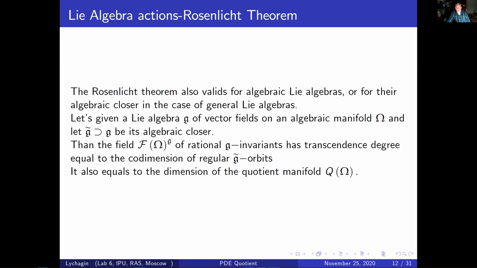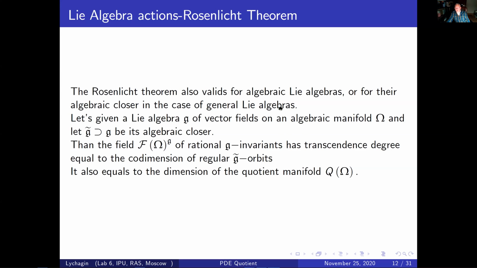Now, when can we apply Rosenlicht's theorem for Lie algebra actions? Obviously we should move from Lie algebras to the corresponding group. If you have an algebraic Lie algebra, then we have the algebraic group that stands behind this algebra, and the rational invariants of our group or of our algebra will be the same fields.